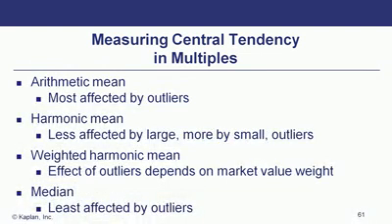When we measure central tendency in multiples, we're looking at things such as the arithmetic mean. This is just the simple average. We look at the multiples, and we average them. And we have the harmonic mean, which is less affected by large multiples, more by small outliers.